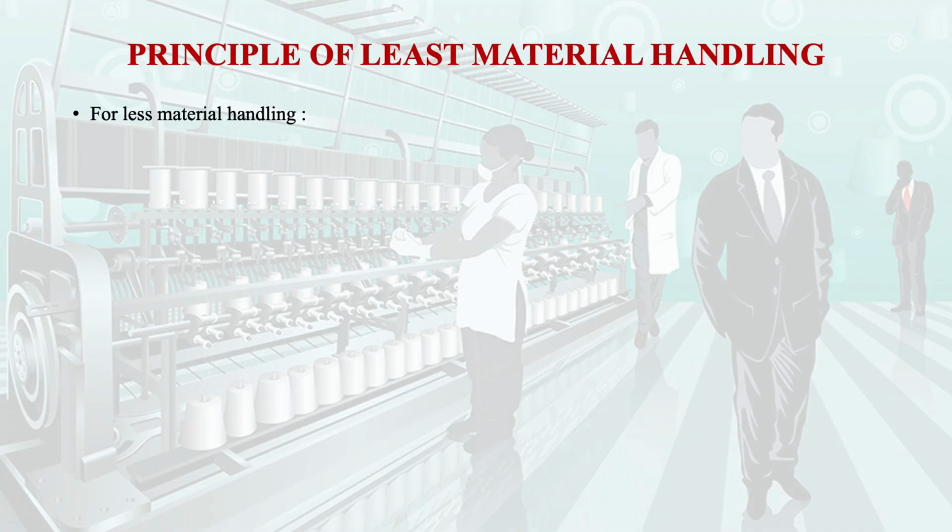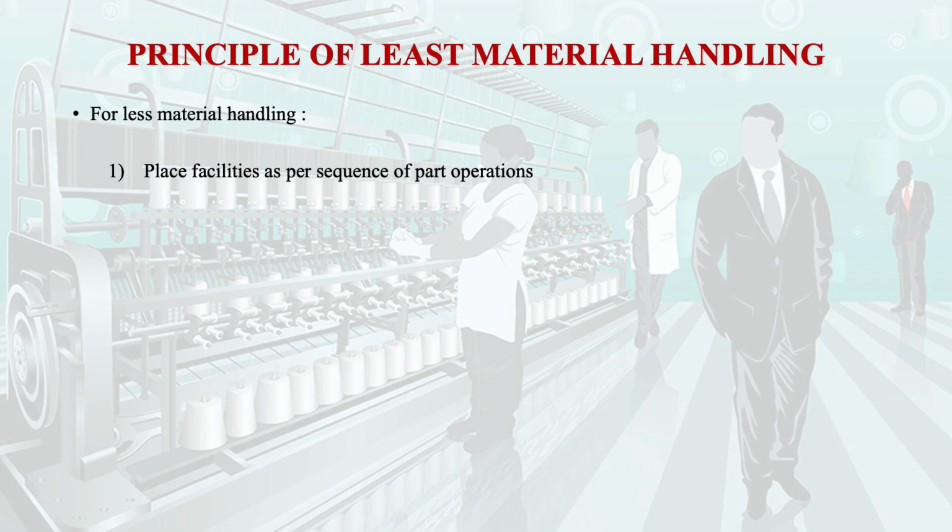The first one is the least material handling. The topmost principle for designing a facility is to minimize the material handling. For that, we should place the facility as per the sequence of operation.